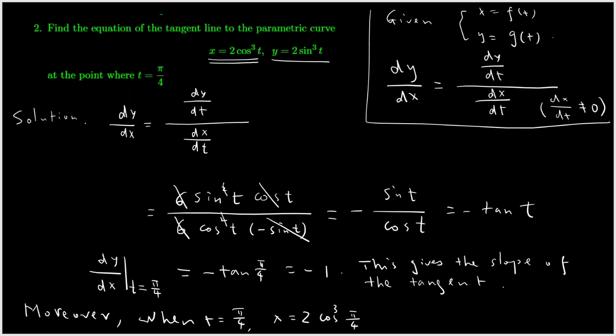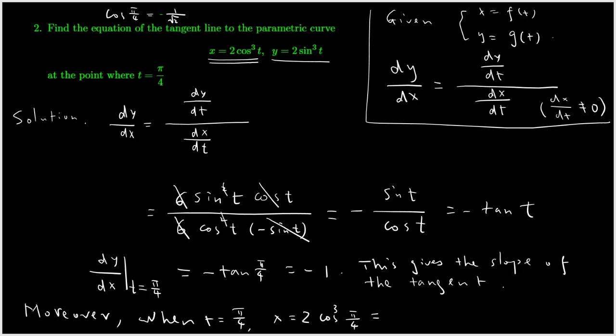We have to compute this value. You do not have to simplify a whole lot. But cos of pi over 4, now let's record the trig values. I think cos of pi over 4 is equal to 1 over square root of 2 if you look at the unit circle, and I think many of you learn the trick with me.